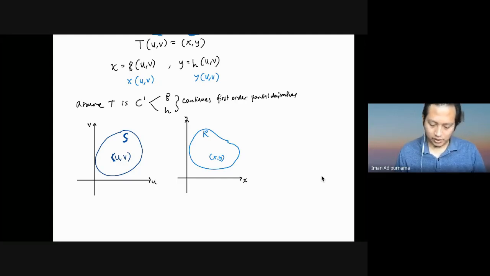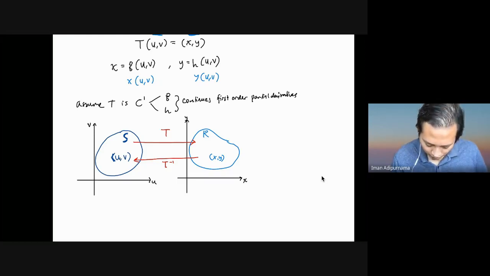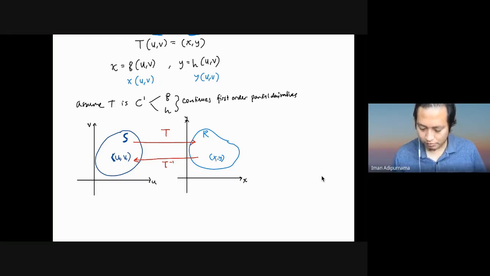Now we can take this as the transformation or take this as its inverse. So we call, writing more details, U1 V1 to make it clear that that is a point on some coordinates.